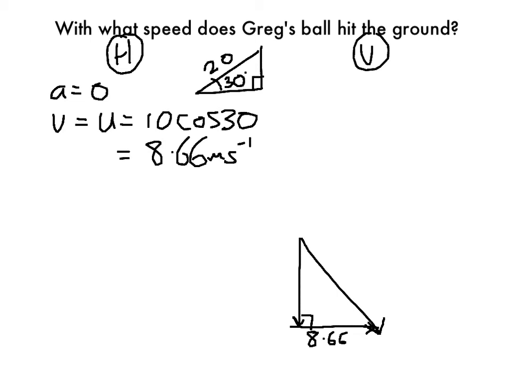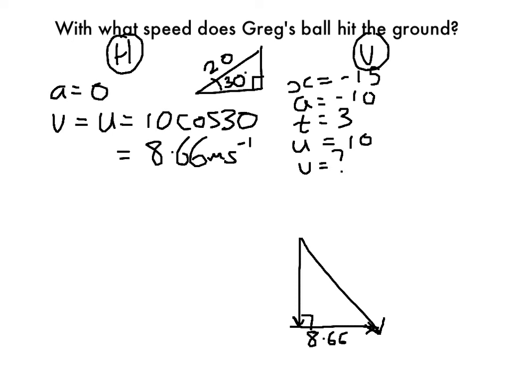The vertical component of the velocity, well, we know that x is negative 15, we know that a is negative 10, we know that t is 3, we know that u was 10, and we're asked to find v.